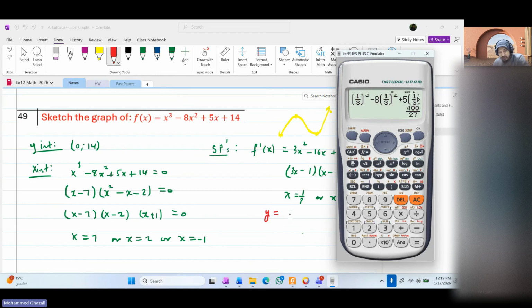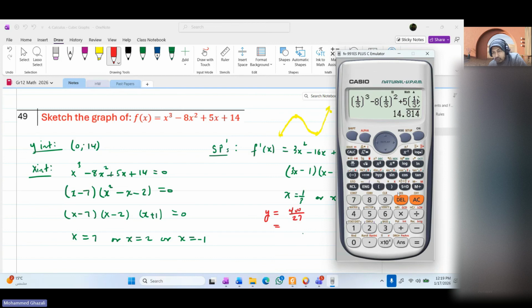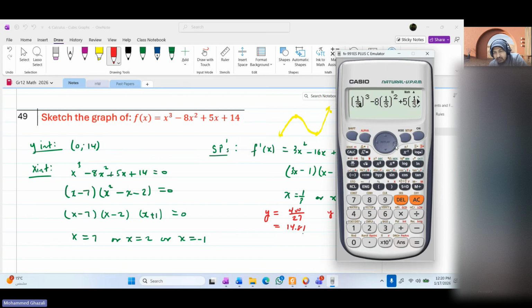So I've got 400 over 27, which is 14.81. And if I substitute 5 into the original function, change this to 5 now.